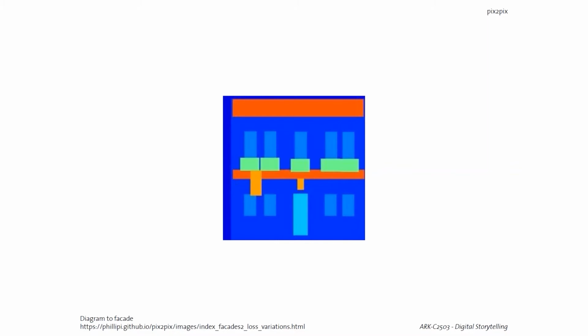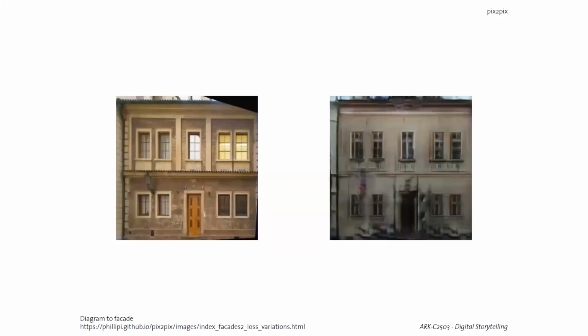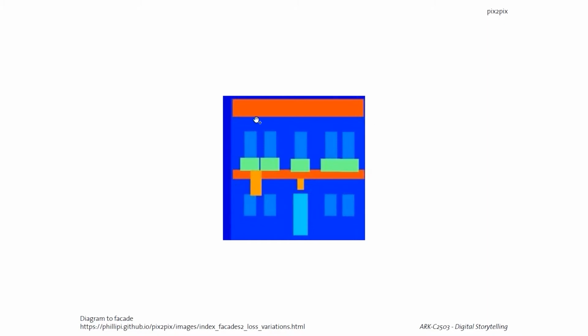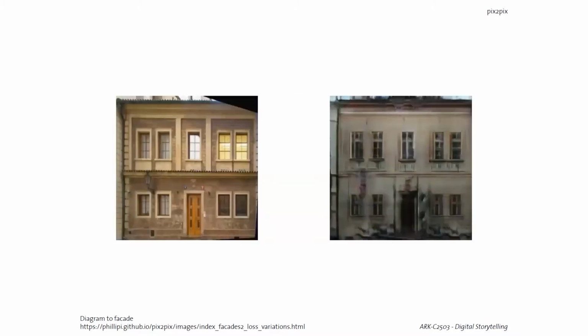So you basically create a diagram of your facade, and then one of them is the ground truth, the actual photograph on the basis of which this diagram was drawn, and the other one is network output.